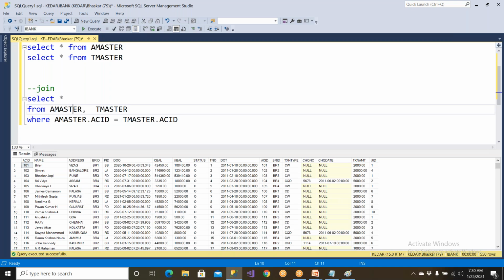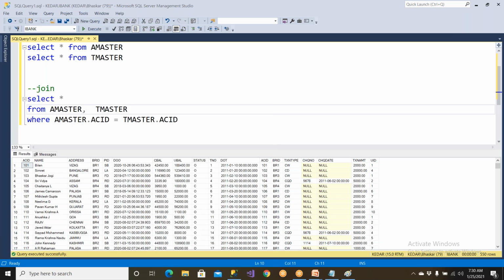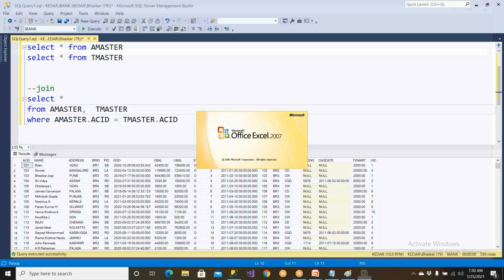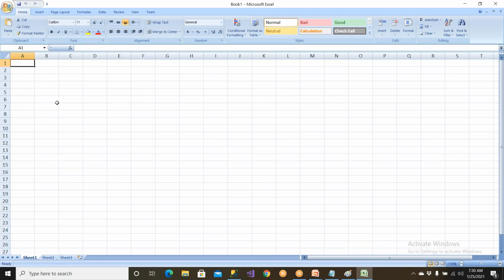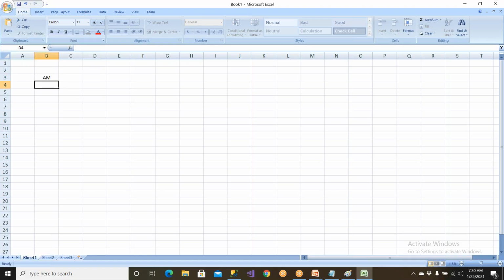Now I'll show you a simple example. I'll take an account master table with account ID, name, and balance. Let me take only a few columns.